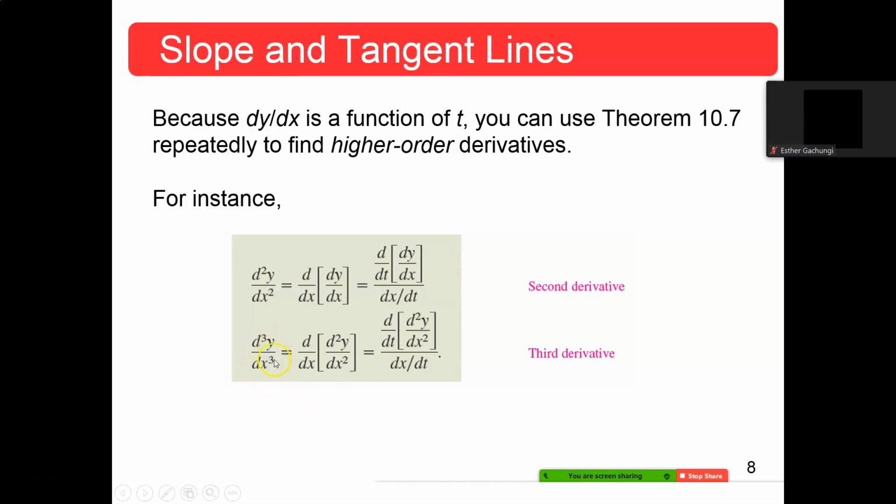The third derivative of y with respect to x is d by dx of the second derivative, so it's d by dx of this thing here, which was this thing there. Actually, it's just doing d by dt of this thing over dx/dt.